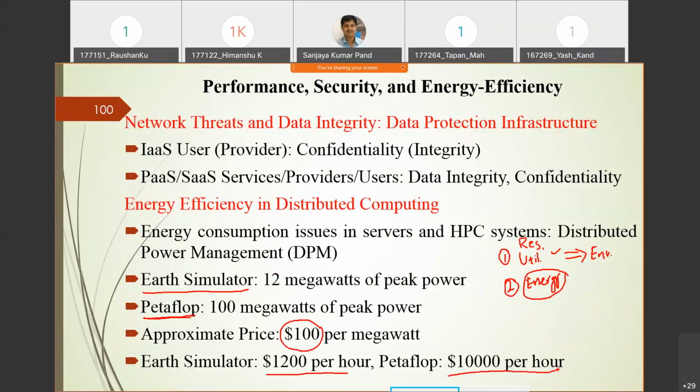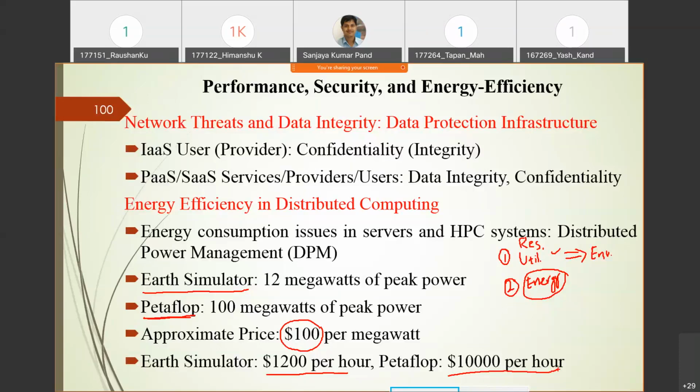Imagine how much you are going to pay per hour. These are very big simulators, not simple ones. People are ready to pay $10,000 or $1,200, but this much energy cost we are going to pay.